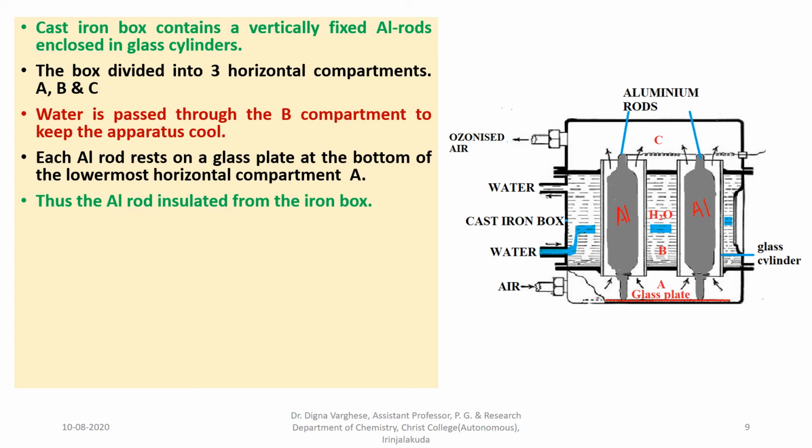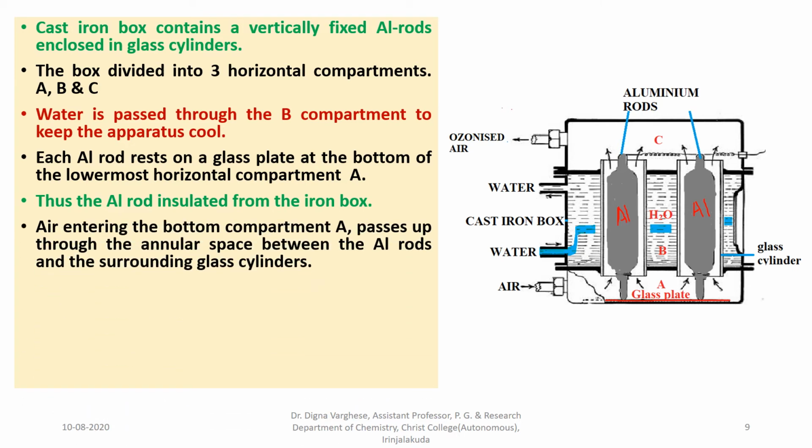That means the aluminium rod is not directly fixed to the iron box, but is placed on the glass plate at the A compartment.